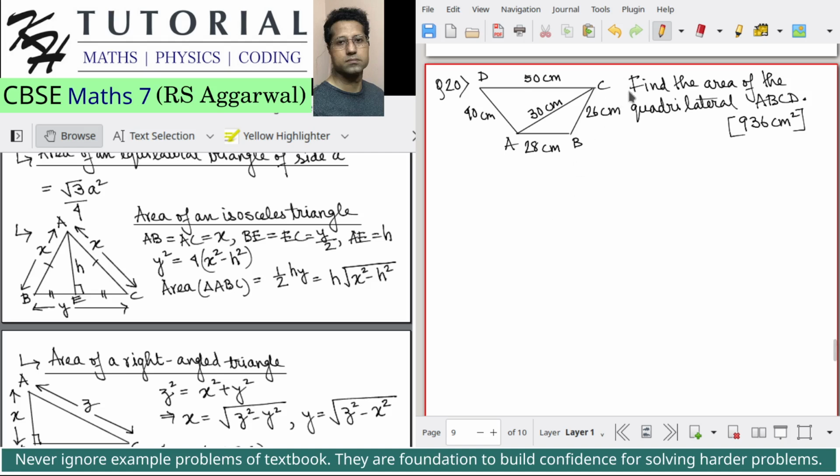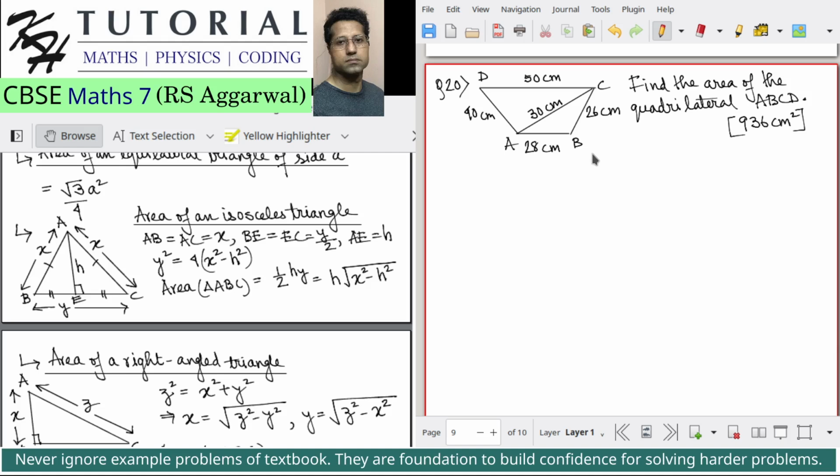In the previous problem, the length of the perpendicular from the opposite vertex of a diagonal was given. But in this problem, the length of the heights are not given.